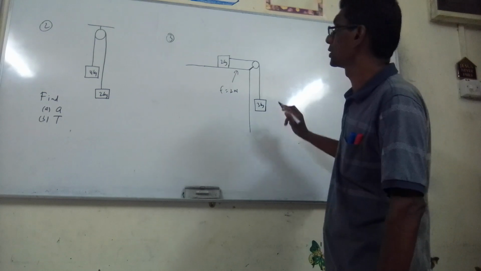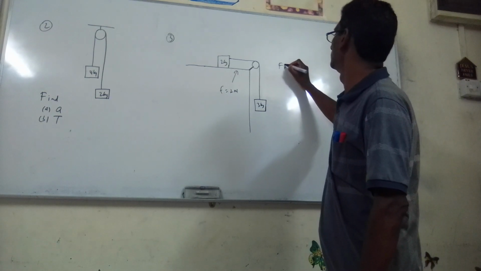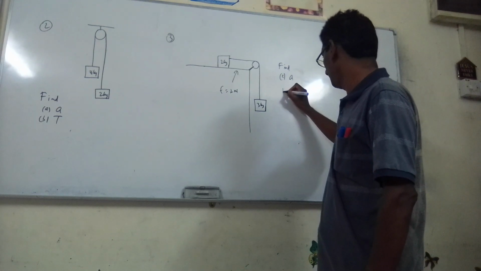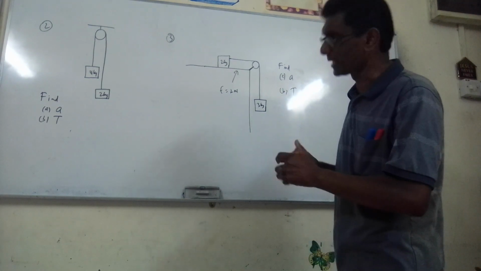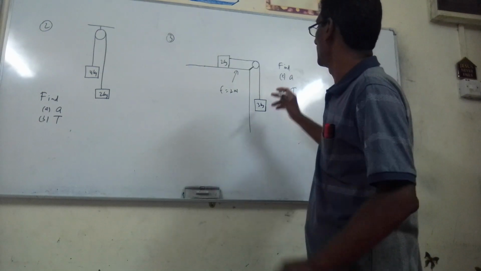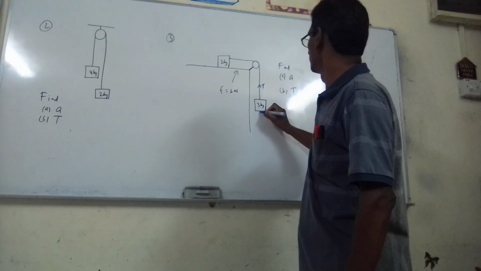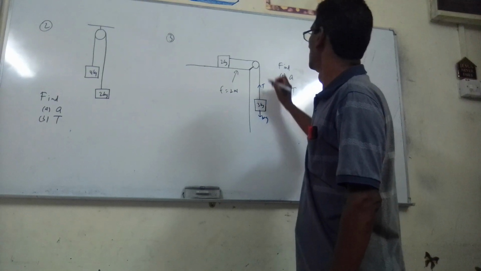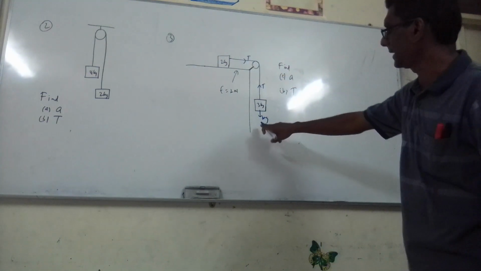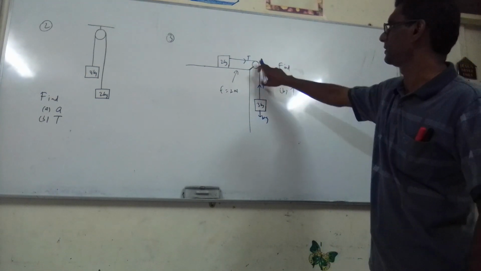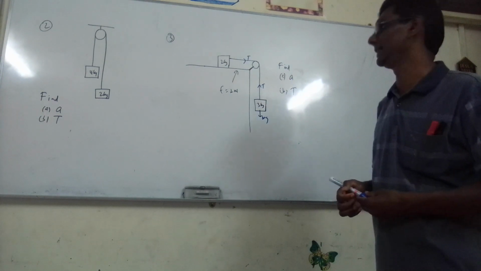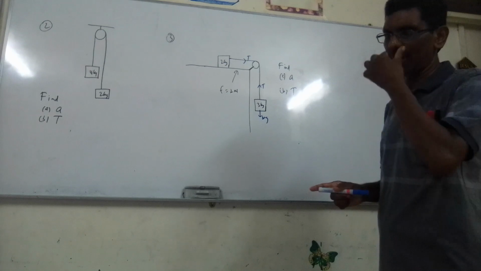The question asks you to find A, the acceleration, and B, the tension. I'd like to give you some tips. The tension is this way, this is mg, the weight, and this is the tension. So find A and T.